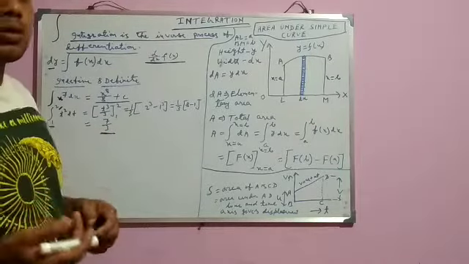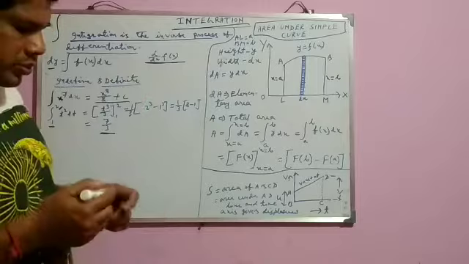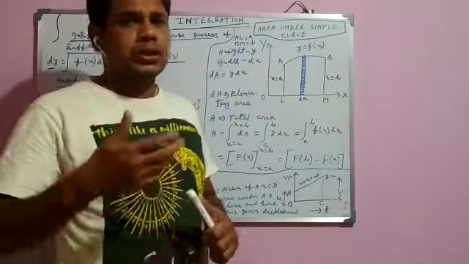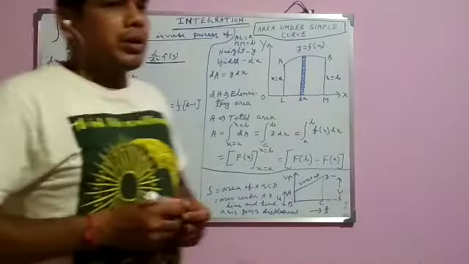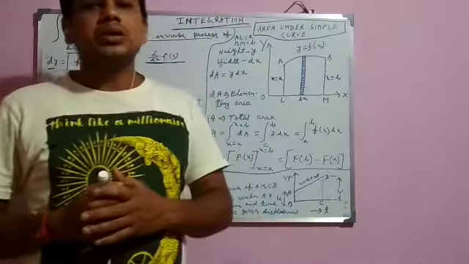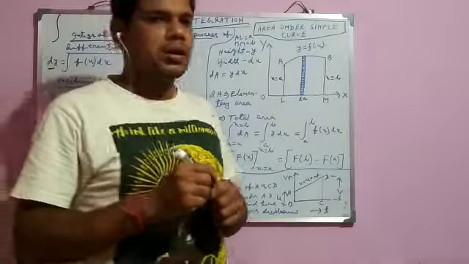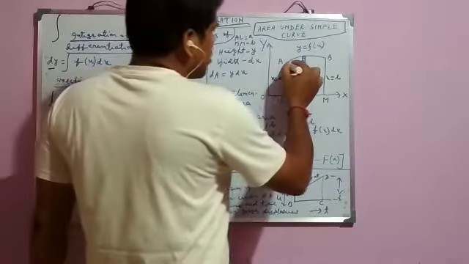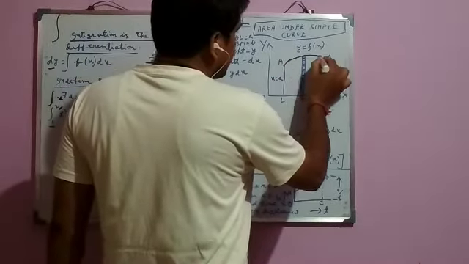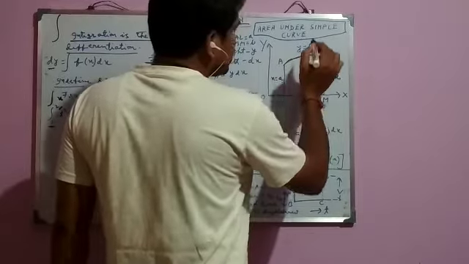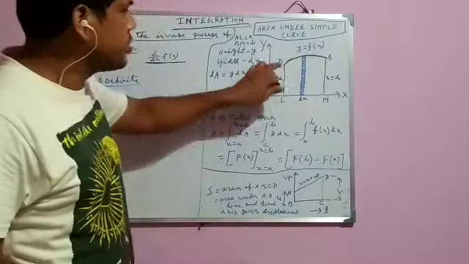We have to use both integrations in our subject. Now, basically integration gives the area of a curve. We have drawn a curve AB whose equation is y equal to f(x). AB is the curve.